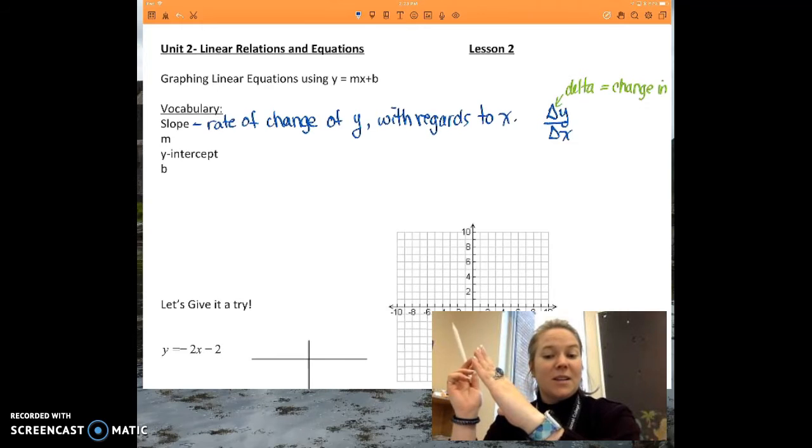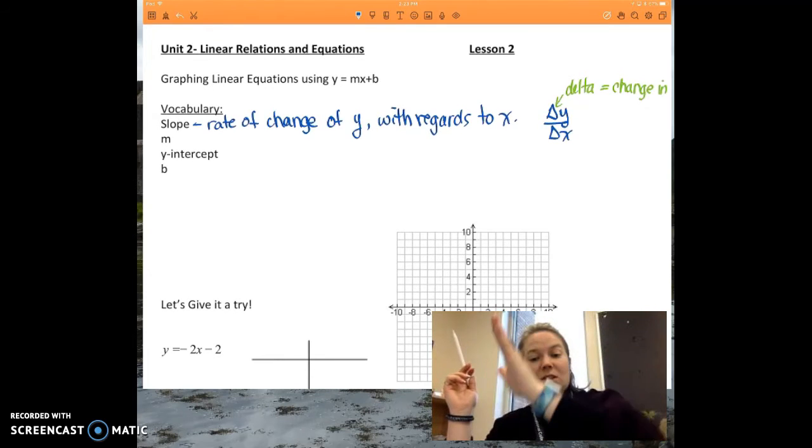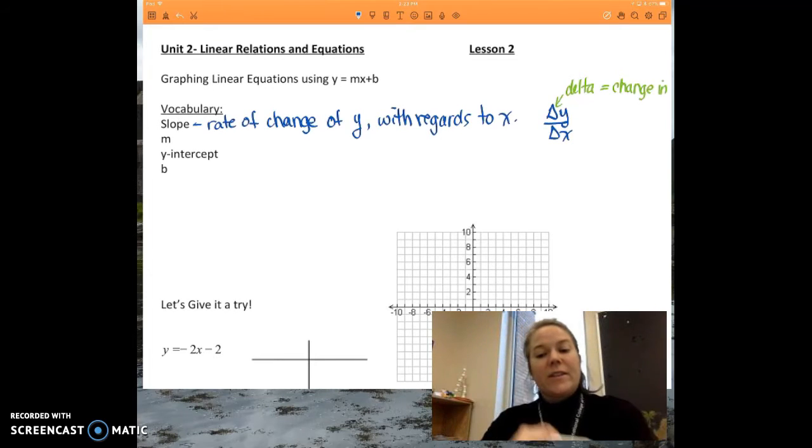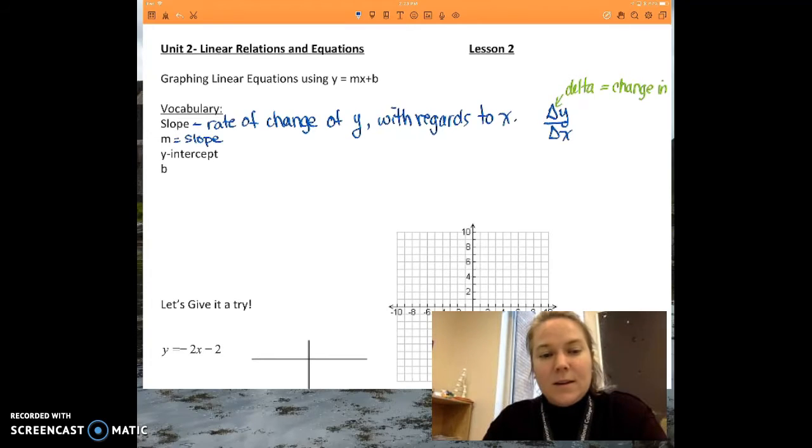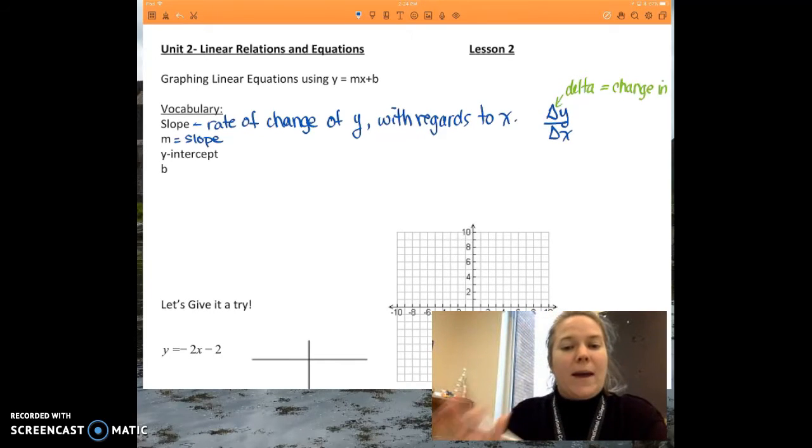It can be positive or negative, and those are all things that we need to keep an eye on. We also have this idea of m, and m is a letter that we use to represent slope. So anytime from now on you see the letter m, you should automatically think slope. M is slope, m is slope, m is slope.